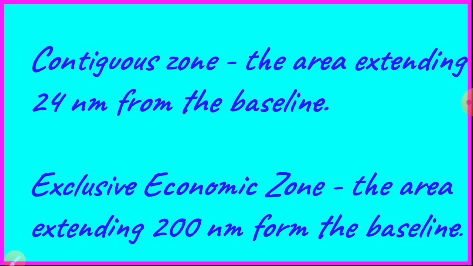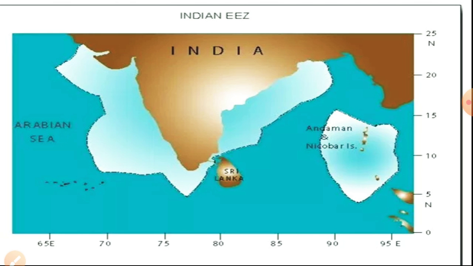But there is an exception. If any country comes on the way of 200 nautical miles, that means close to 200 nautical miles, then the exclusive economic zone extending 200 nautical miles is not activated. Like there is the Indian EEZ, exclusive economic zone, maritime boundary.